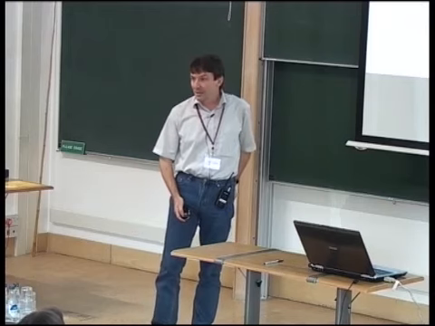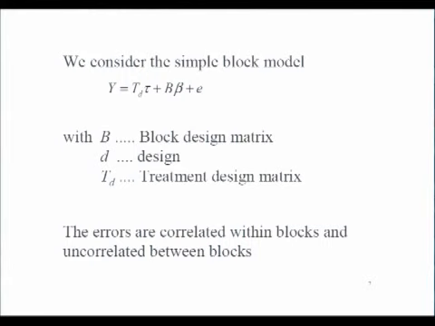So I considered a simple block model, and I have T+1 treatments and one design, which gives one treatment to each of the plots in each block. The model has treatment effects and block effects, and we have a treatment design matrix which is influenced by the design, and the block design matrix.